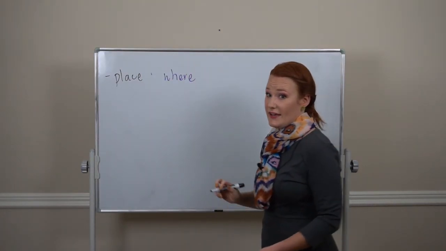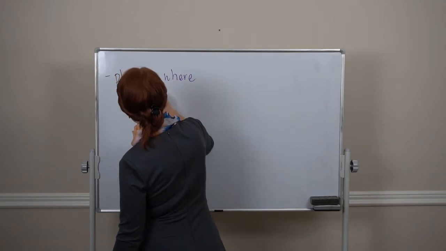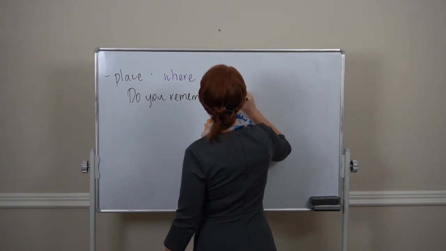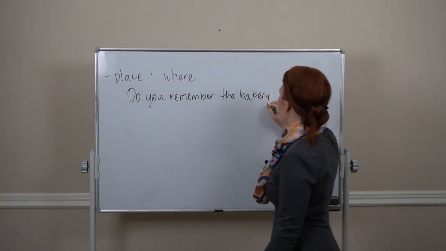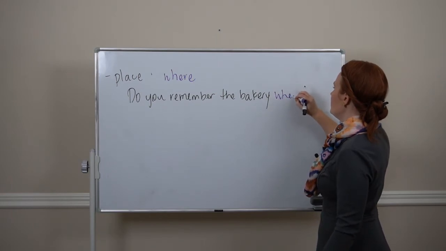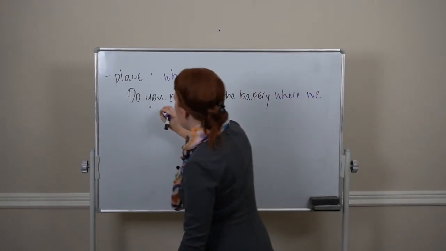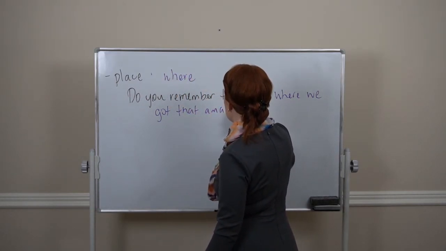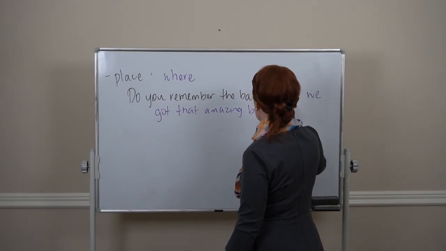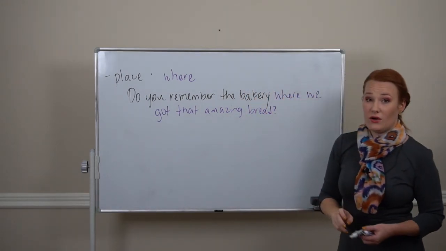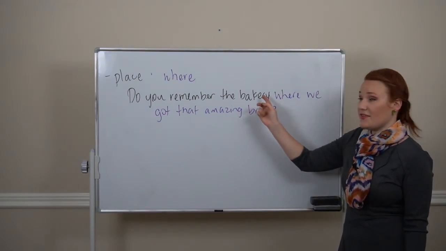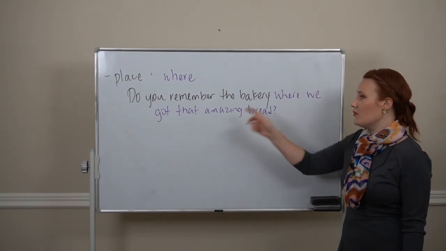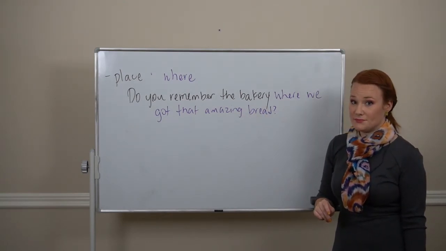So I could ask, do you remember the bakery where we got that amazing bread? Okay, so with my relative clause, I'm describing the bakery. I'm specifying which bakery. The bakery where we got that amazing bread.